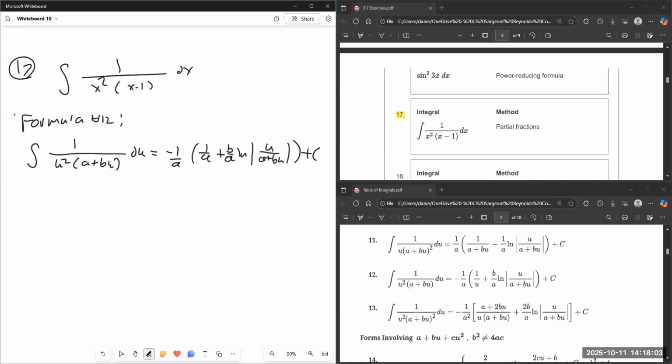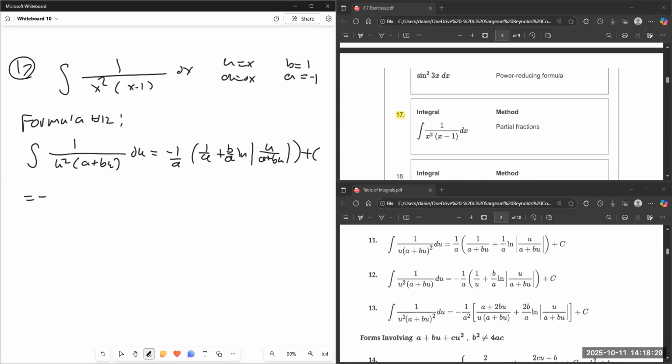So let's see if I'm actually in that form. u is equal to x. du is dx. That looks good. My coefficient b that's in front of x is 1. My real number a that is added to b x is -1.